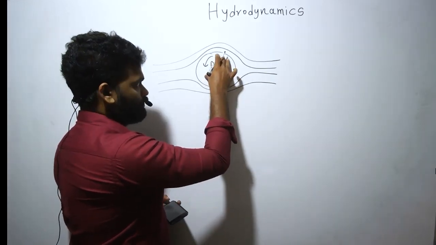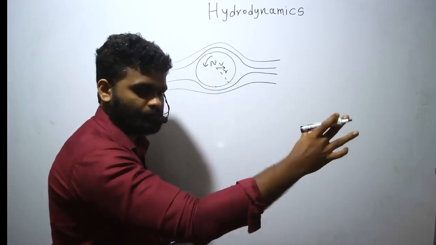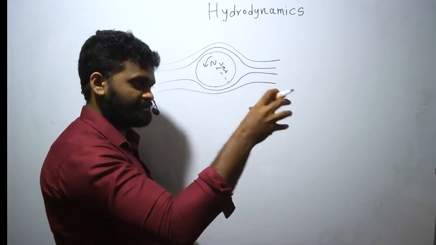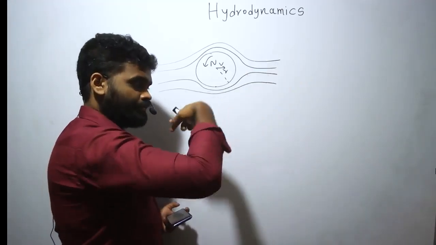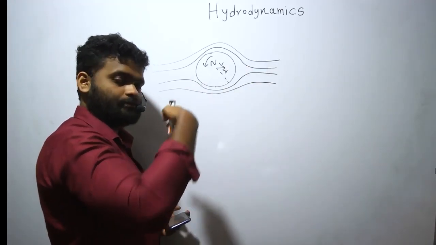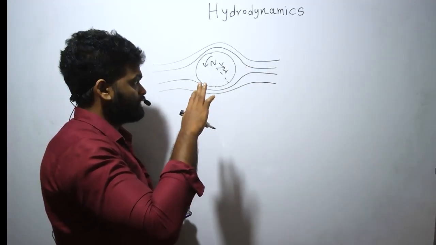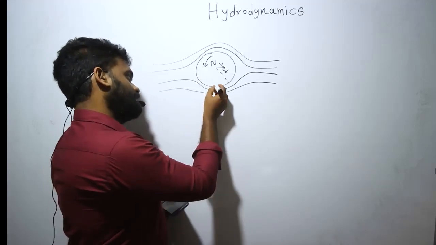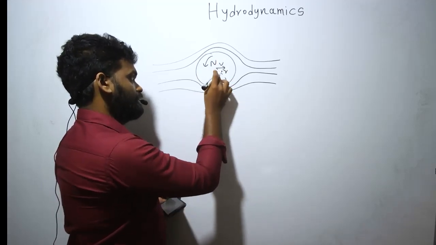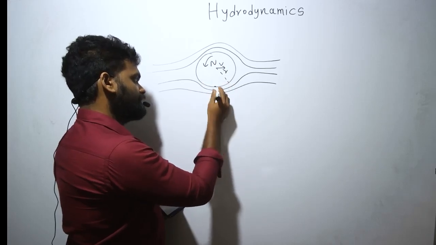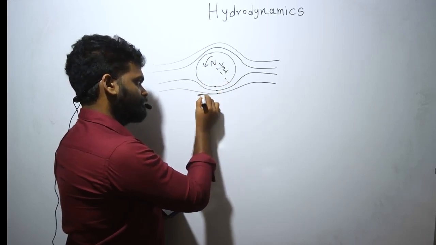Relative to the ball, actually the ball is moving, but you can consider the ball at rest and the air streams flow over the ball, right? So like that, you can find the pressure difference. So you can say relative to the ball, these streamlines have a velocity v.